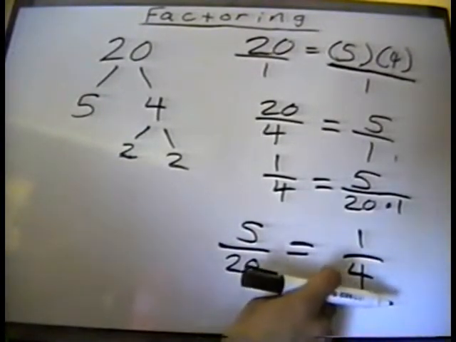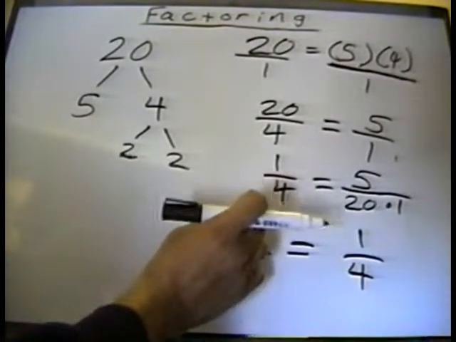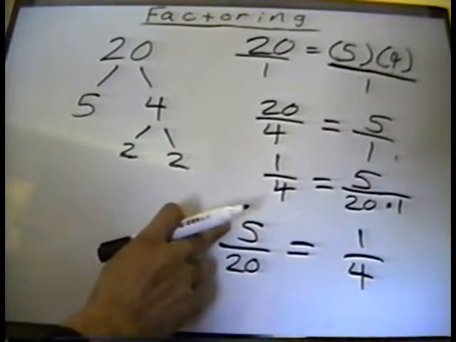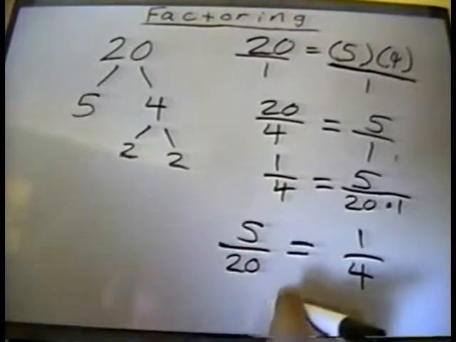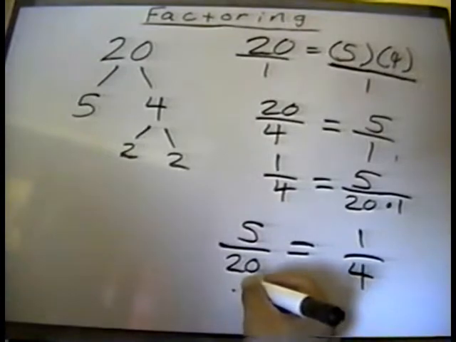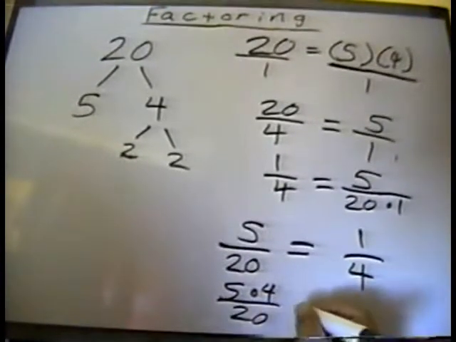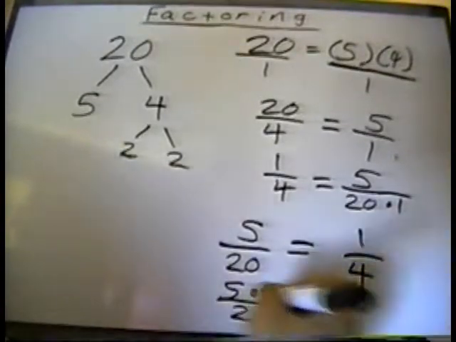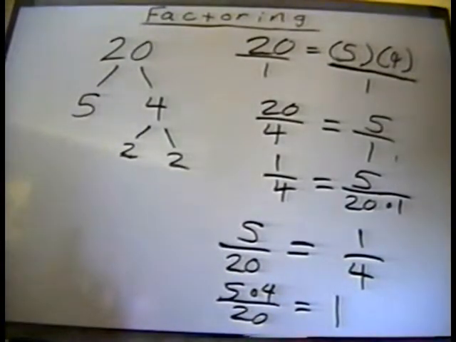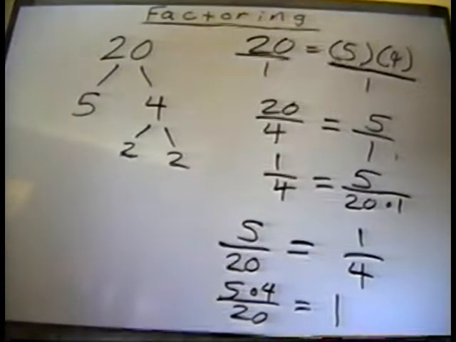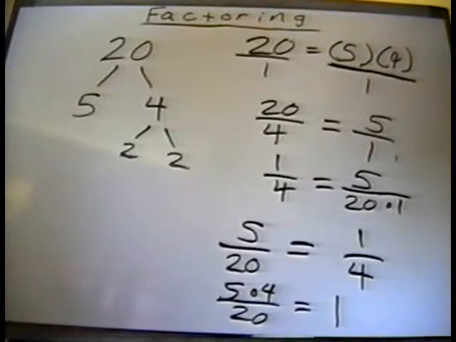And then you can take this 4 from the denominator's position on the right side and move it to the numerator's position on the left side. And then you get 5 times 4 over 20 equals 1, which is 20 over 20. 5 times 4 is 20.